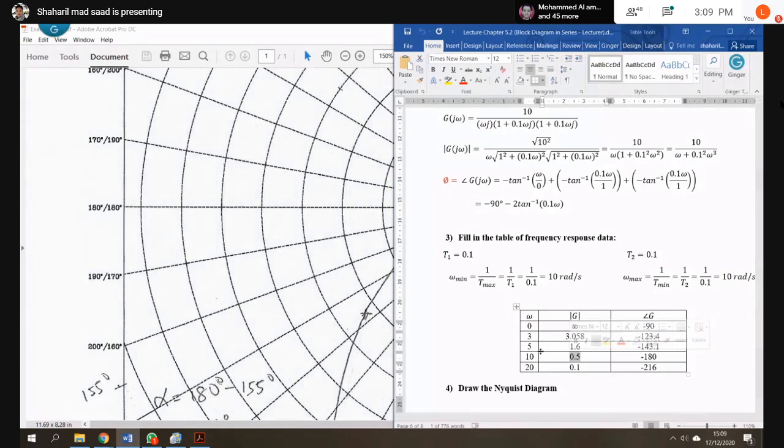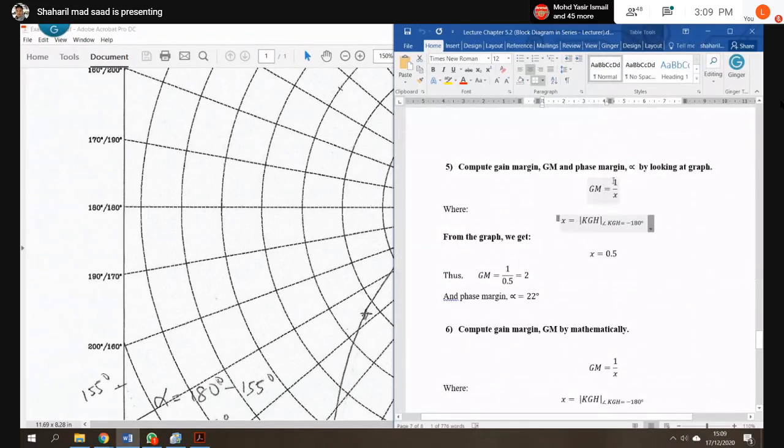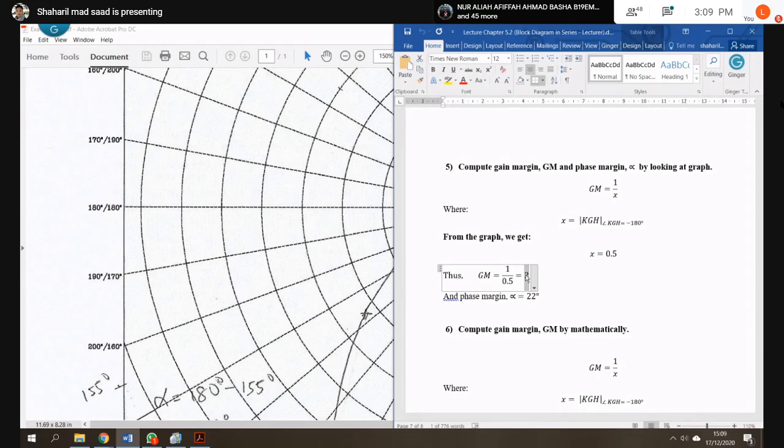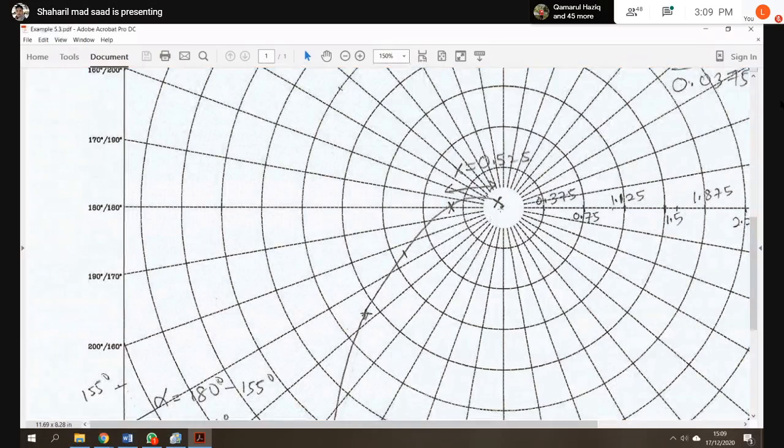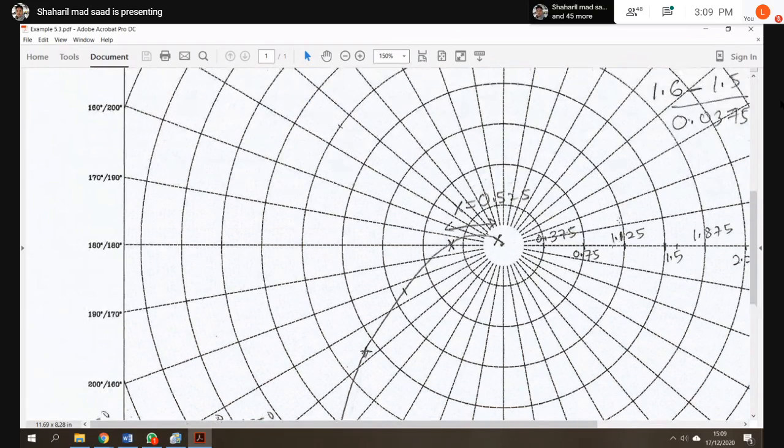So your gain margin is 1 over 0.5, so your gain margin is equal to 2. And then how to find the alpha? Alpha, that means you need to find the magnitude of 1.